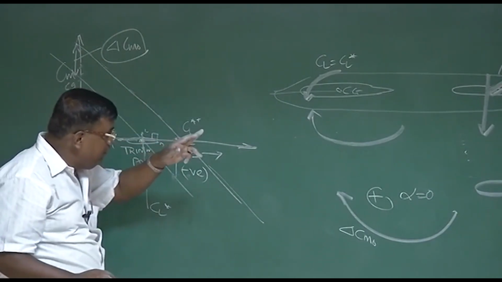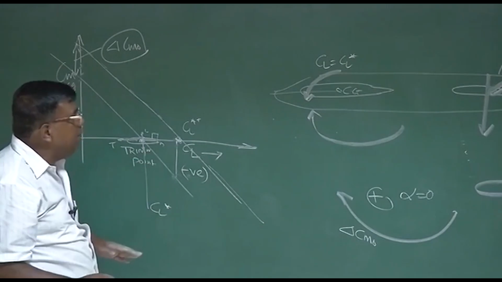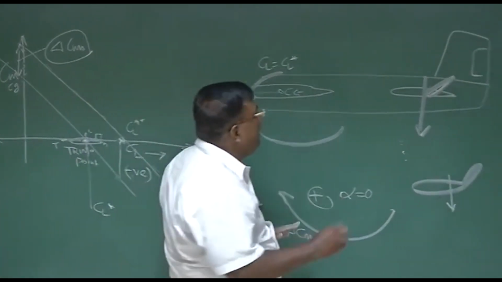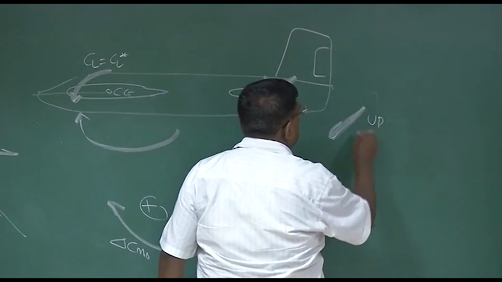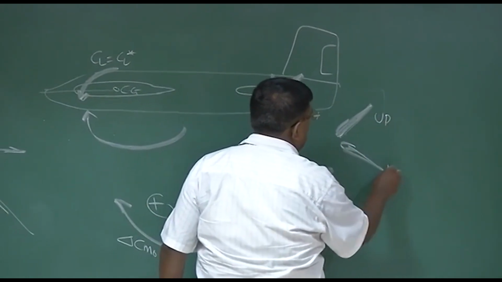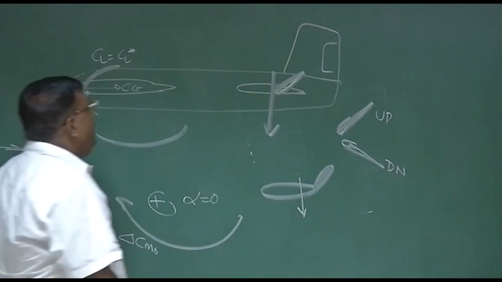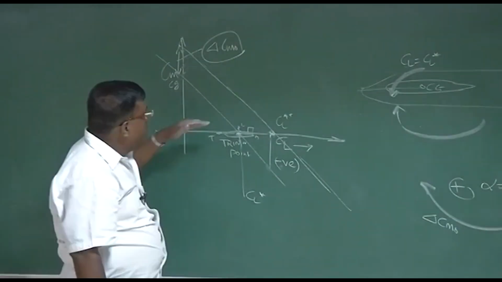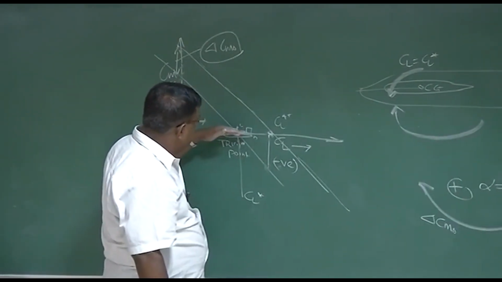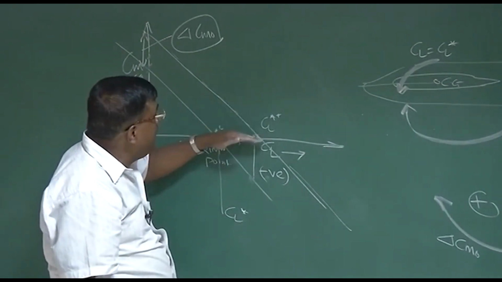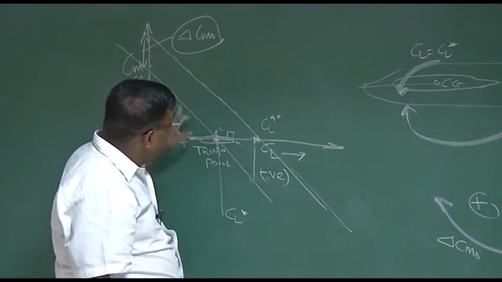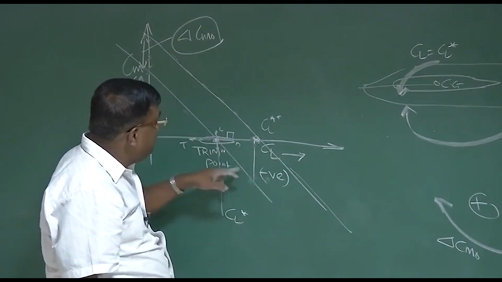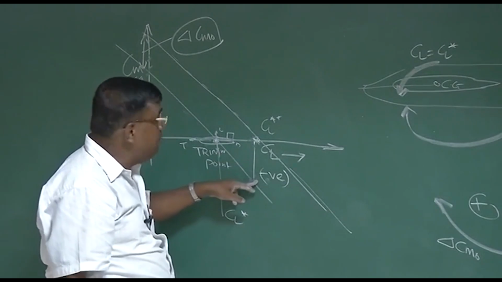By giving the elevator up deflection, please understand elevator up is negative deflection, so we will be saying elevator up, and this is elevator down. Okay? Let me repeat again, if you are flying at CL star, if you want to fly at CL double star, which is more than CL star, our aircraft will generate a negative pitching moment.